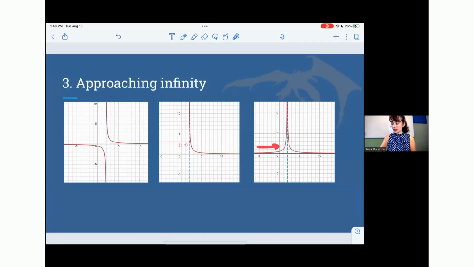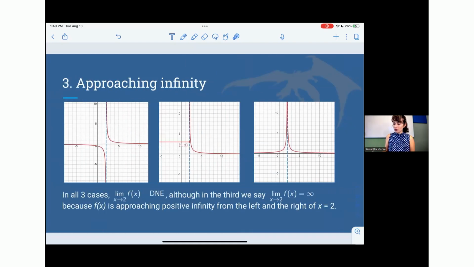And as I approach from the left, my y values go off to positive infinity. So in the first two, my limits are not going to exist as x goes to 2. But in this last function, the limit as x goes to 2 of f of x is indeed infinity because it matches on both sides. So be careful when you've got some infinities and make sure you're still checking for the matching on both sides.